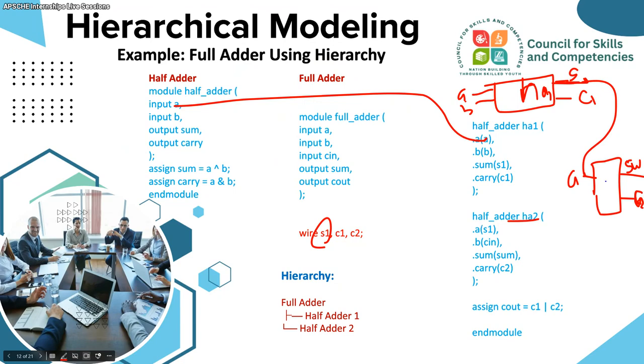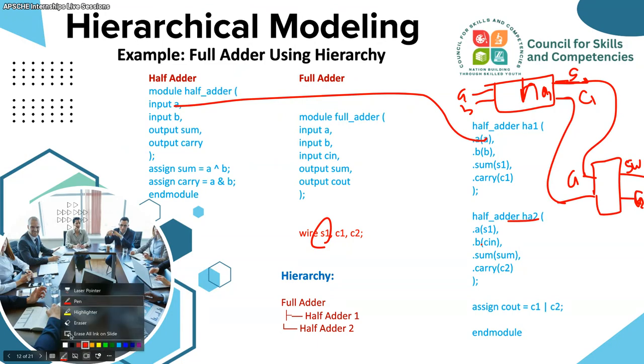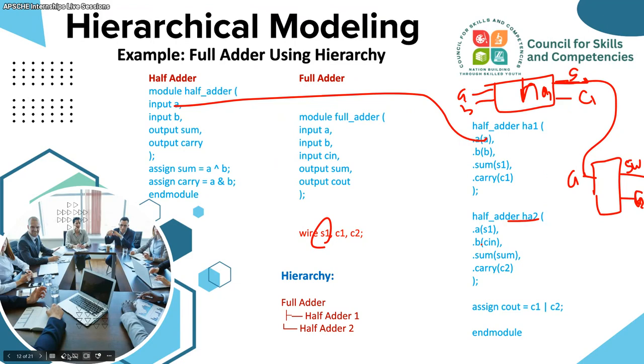Now, the B port, please try to understand, that is connected to this. Sorry, the B port will not, C in will not. So this is the carry out of C1.